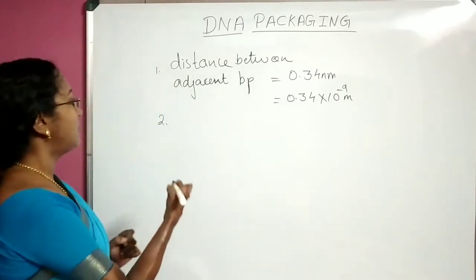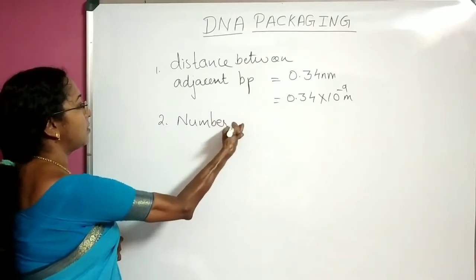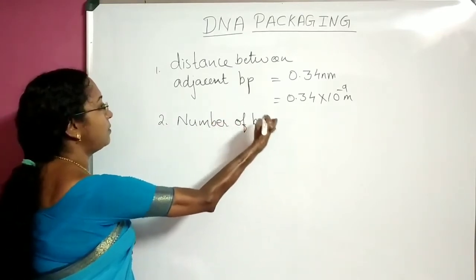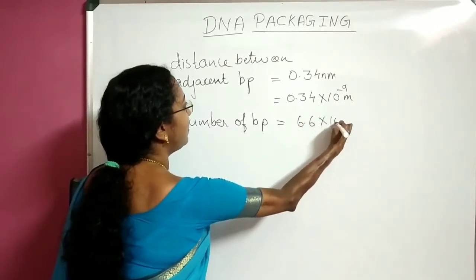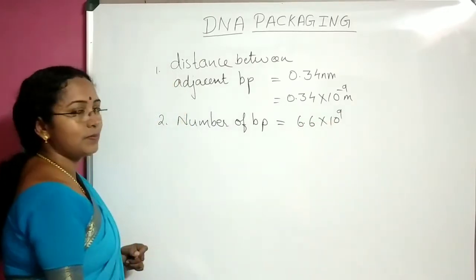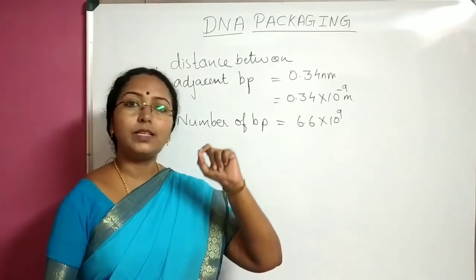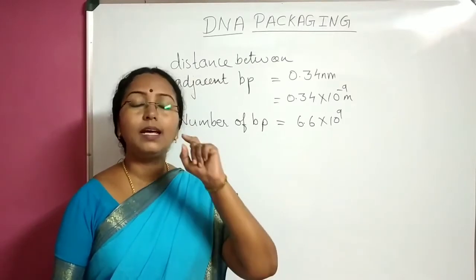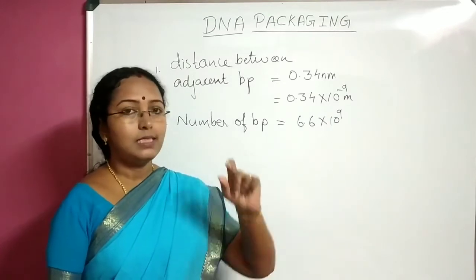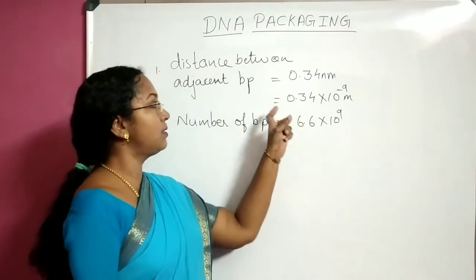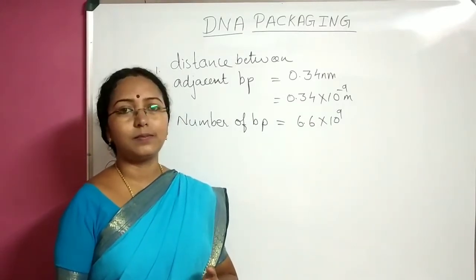The number of base pairs is 6.6 into 10 raised to 9. These many base pairs are there in every cell of the human body. And the distance between the adjacent base pairs is 0.34 into 10 raised to minus 9 meters.